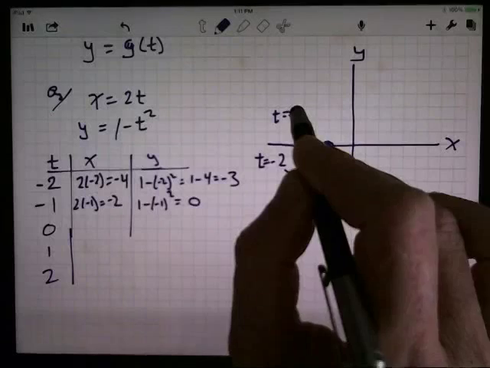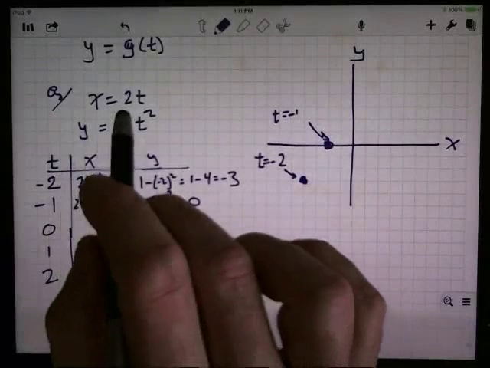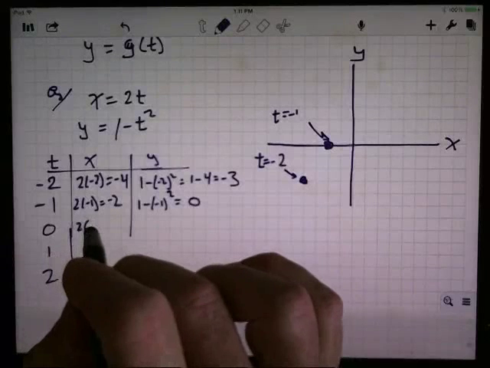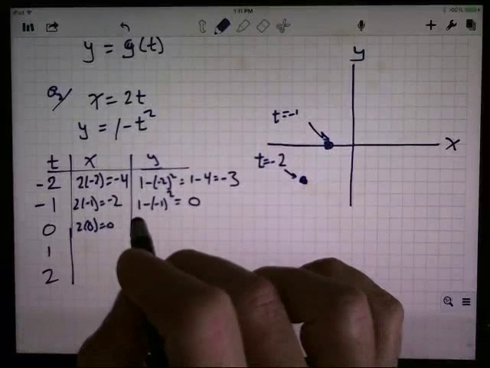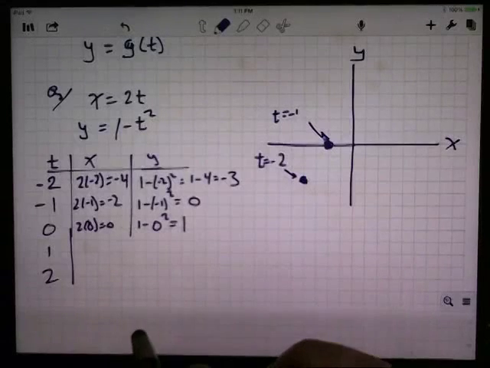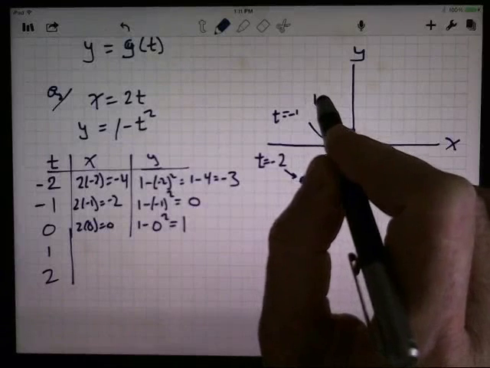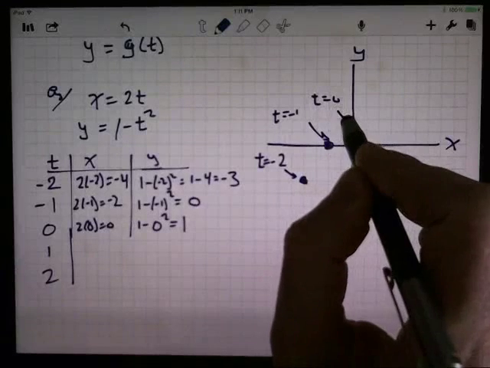That's t equals -1. Right. Next point, plug the 0 in. 2 times 0, that's 0. 1 minus 0 squared, well, that's 1. So I have the point (0, 1). So I'm right here now. That's t equals 0 at this point.